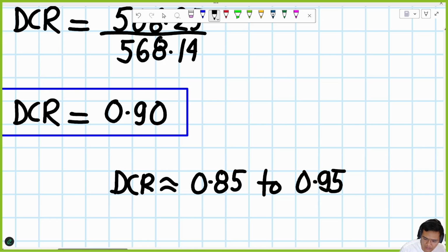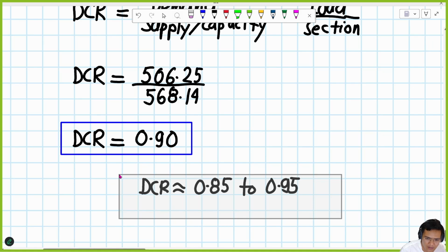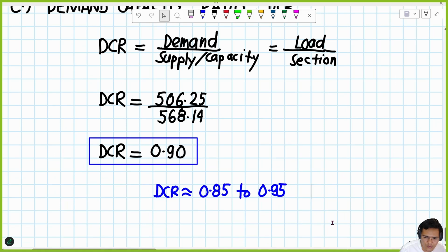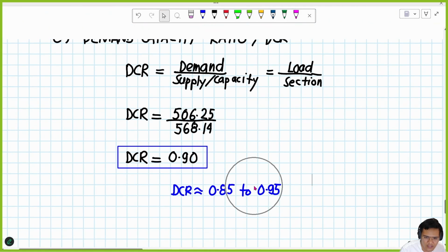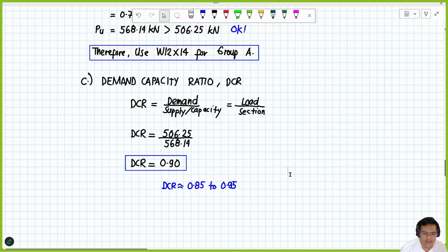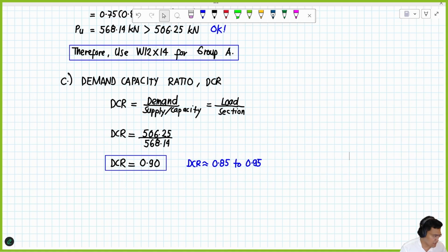Kapag kasi masyadong mababa, halimbawa, 0.5 yung DCR mo, over-design ka na, hindi mo nagamit yung capacity mo, hindi na economical yung design mo. So, might as well use 0.85 to 0.95. Huwag mo isasagad, 0.9 pwede pa, pero huwag mo isasagad hanggang 1. Kasi kung may mali ka sa calculations mo, sabihin natin mas mataas dapat yung load, babagsak pala yung section mo. So yun yung mga strategy.